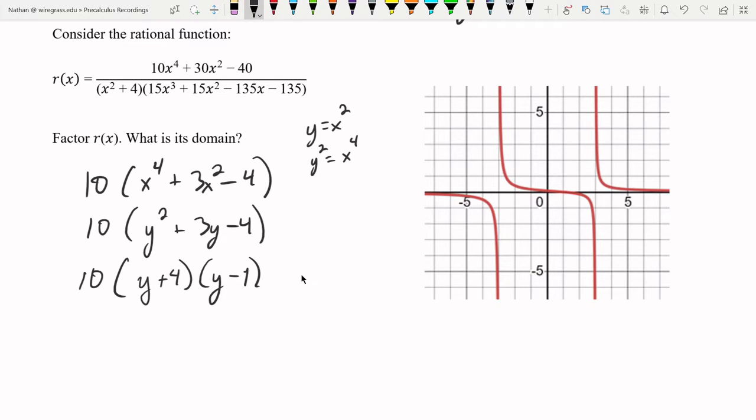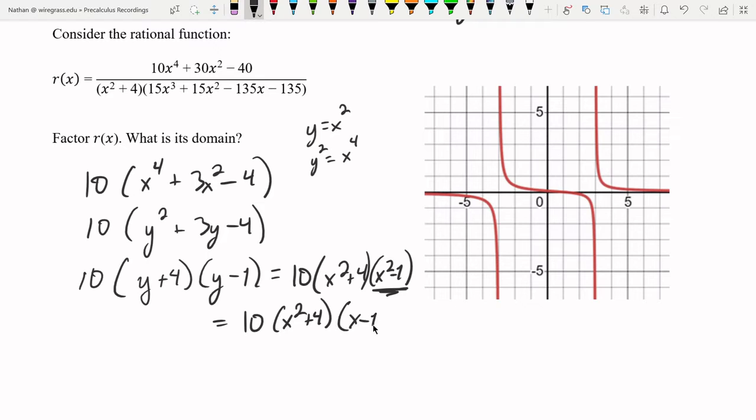Okay, and y is not what we started with. y is just x squared. So that means the top factors down into 10 times x squared plus 4, times x squared minus 1. Of course, x squared minus 1 is just a difference of two squares, so I can factor it one step further: x minus 1, x plus 1. So that's the numerator factored.